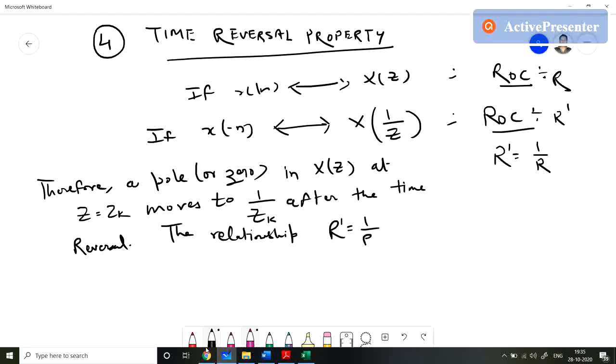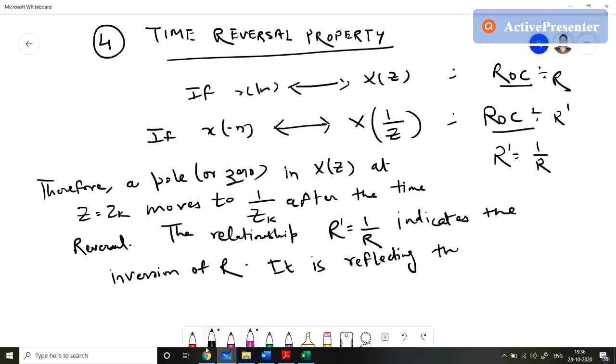The relationship R' equals 1 divided by R indicates the inversion of R. That is, the original R was the ROC of x[n], then R' equals 1 by R is the ROC of the Z transform of x[-n]. So it is reflecting that a right-sided sequence becomes a left-sided sequence.